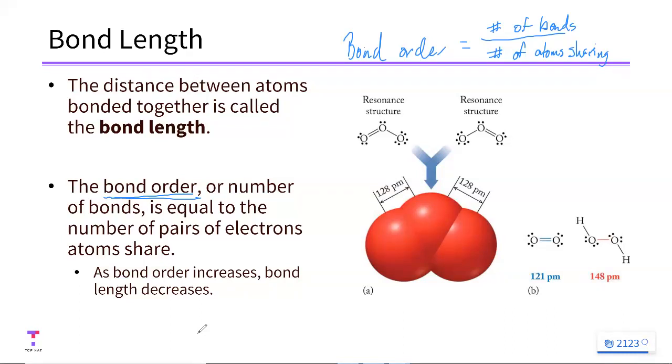So in our resonance forms of ozone, we have 3 bonds that are being shared, the double bond and this single bond. And we have 2 atoms, the one on the left and the one on the right, that are distributing those electrons. So the bond order is 3/2 or 1.5.